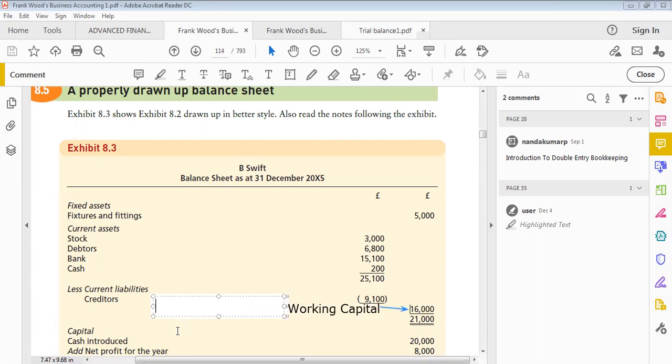In this case, your working capital is $16,000.